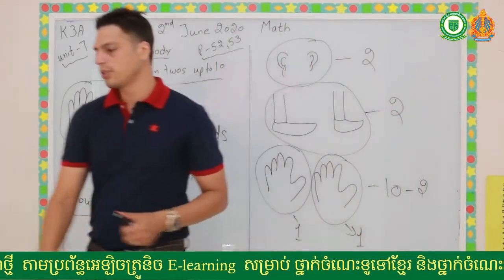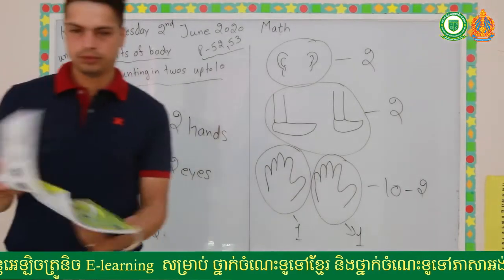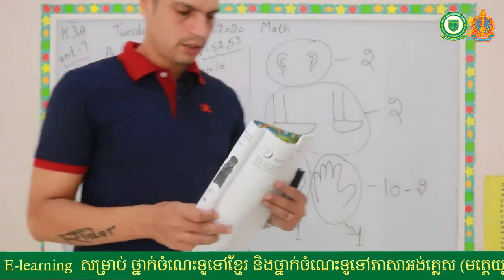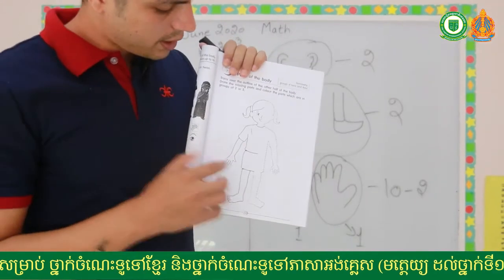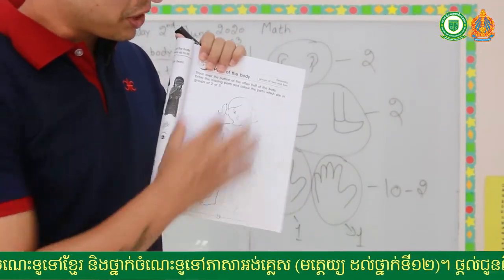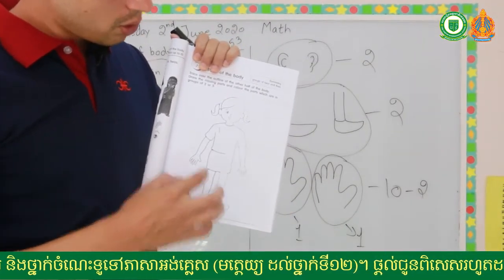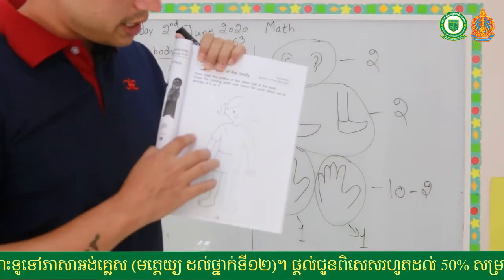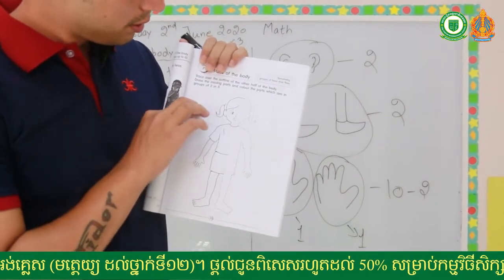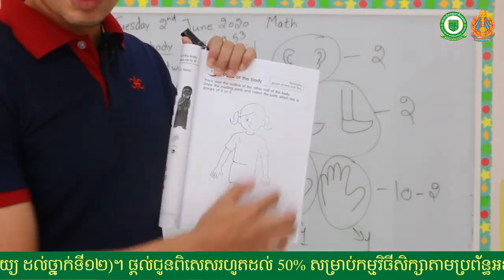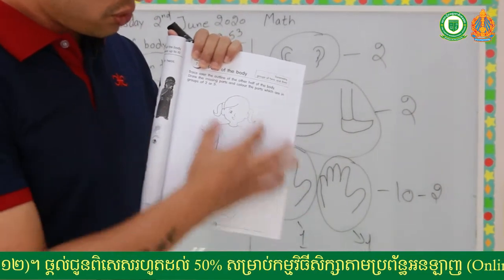So as you can see in your book, here is a full body picture. We are counting body parts in twos.